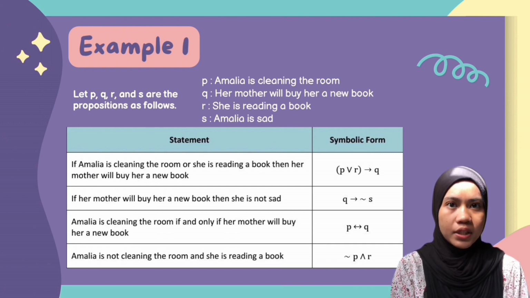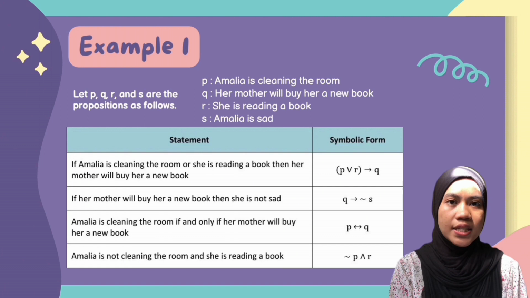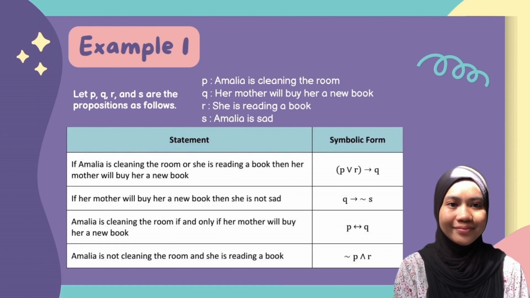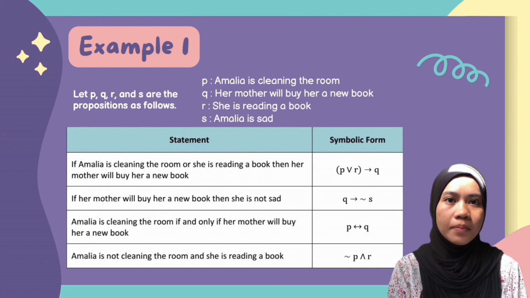For the first statement is if Amalia is cleaning the room or she is reading a book, then her mother will buy her a new book. And the symbolic form is in bracket P or R implies Q. And the second statement is if her mother will buy her a new book, then she is not sad.